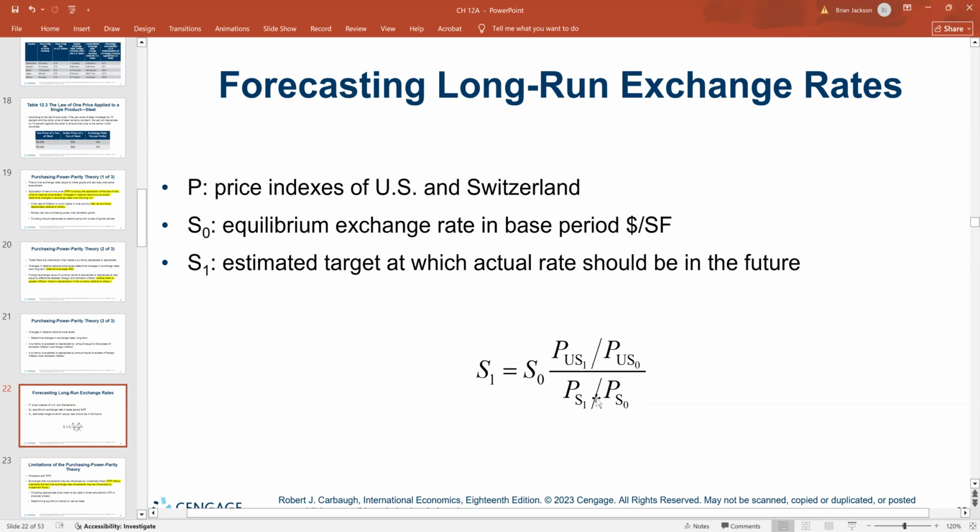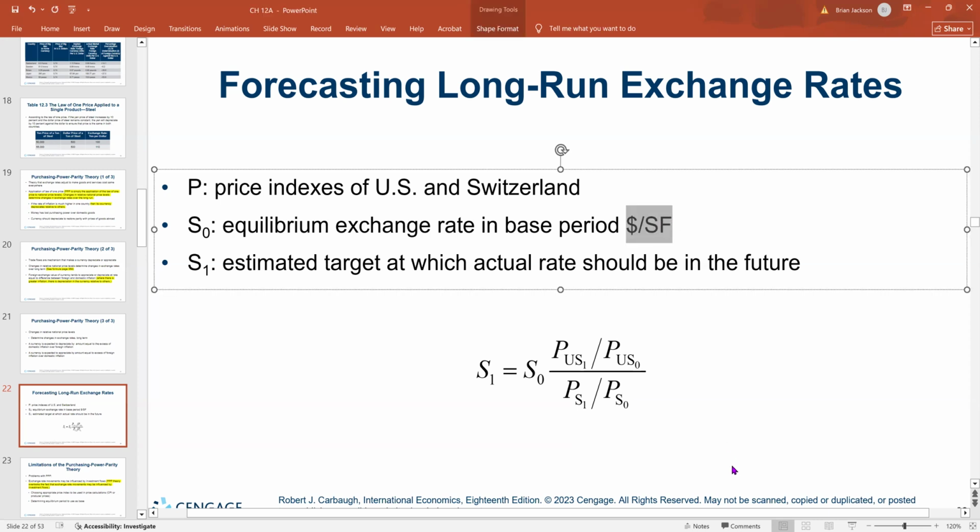Correspondingly, you have the same measurement in the denominator, say for Switzerland. That's why we use an S here. So this represents the rate of change in prices in Switzerland in the denominator. This is the rate of change in prices in the United States. If there's greater inflation in the United States than in Switzerland, then this complex fraction is greater than one. And so that's going to push up the equilibrium exchange rate.